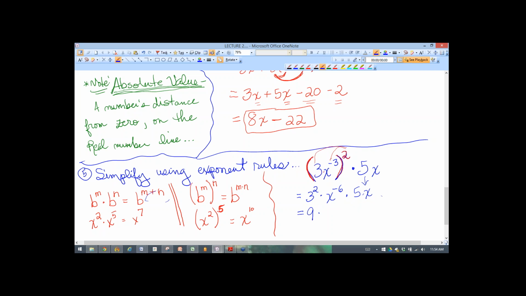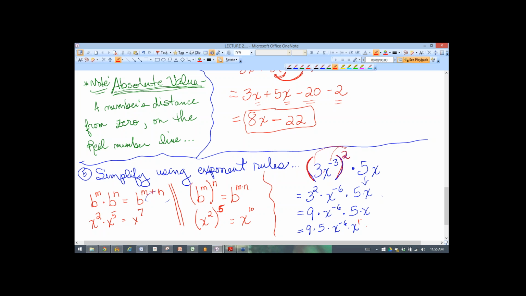Now remember, I have a list of things. Let me rewrite it. Multiplication is commutative, as we said, so I can reorder this any way I like. If I want to write the 9 and the 5 first and multiply them, I can. And then I put the x to the negative 6 times x. By the way, if there's nothing there, the exponent is implied to be a 1.